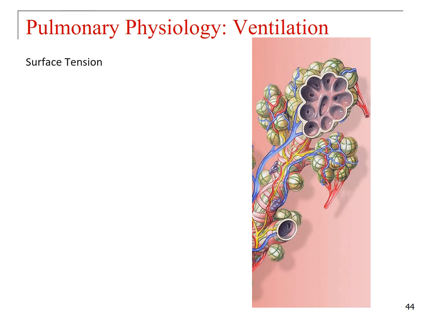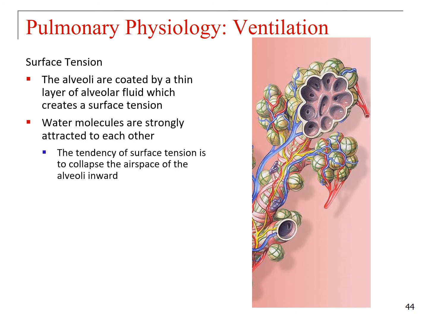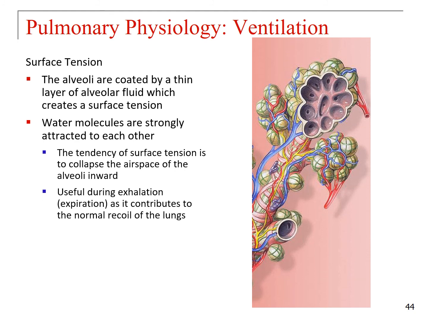Okay, so let's talk about surface tension first. Now remember that the alveoli are coated by alveolar fluid, and this is mostly water. This does create surface tension. And as I said before, water molecules get strongly attracted to one another. And again, what surface tension will tend to do is to collapse alveoli inward. Now, this is great during exhalation because it contributes to the normal recoil of the lungs.